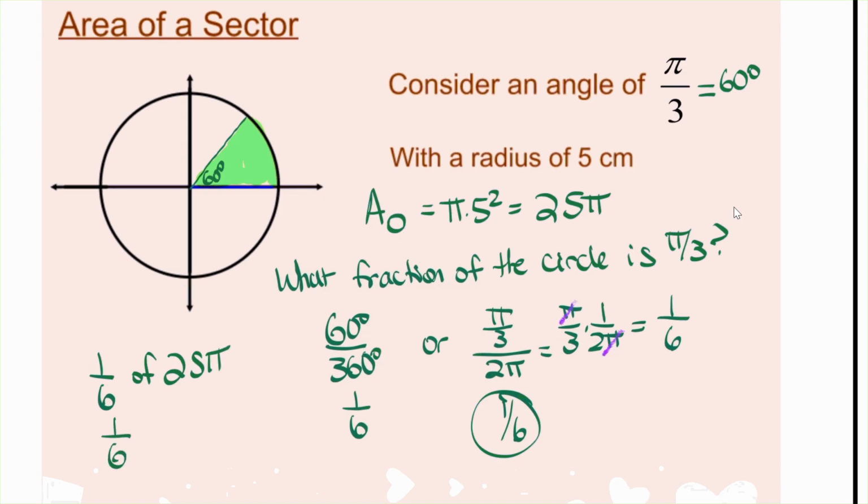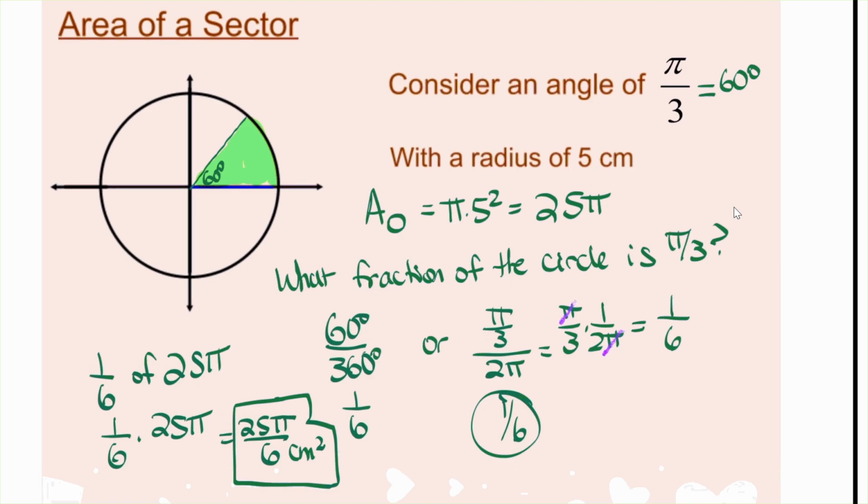We know of means multiply, so I get 25 pi over 6 centimeters squared, because area is a squared length quantity. And again, if it was a real problem, I would just calculate that with pi being approximately 3.14.